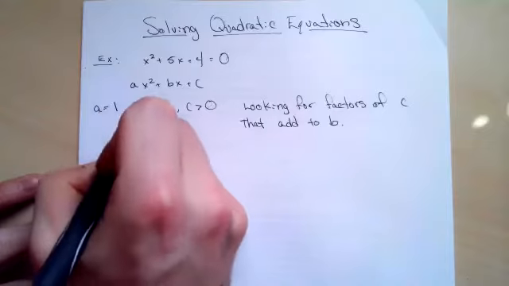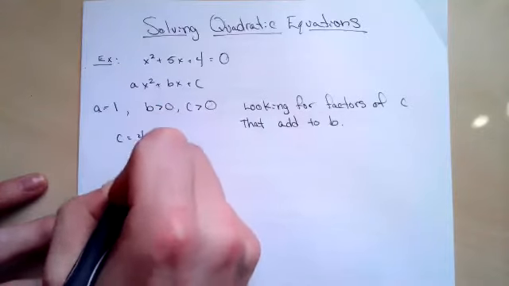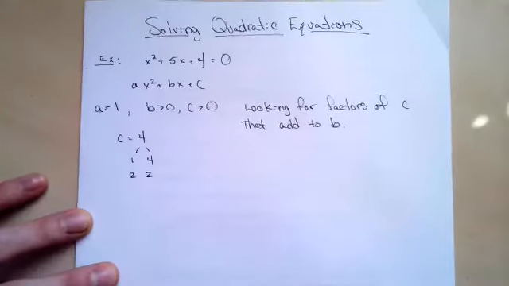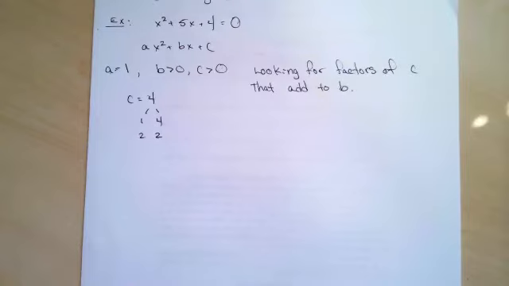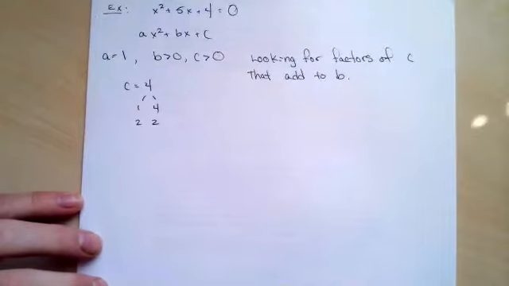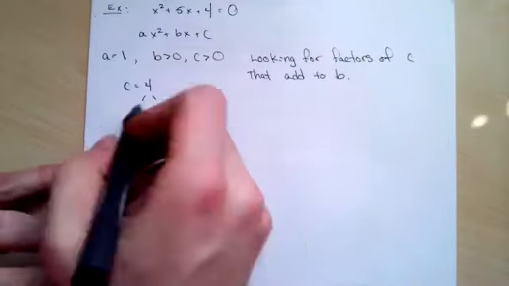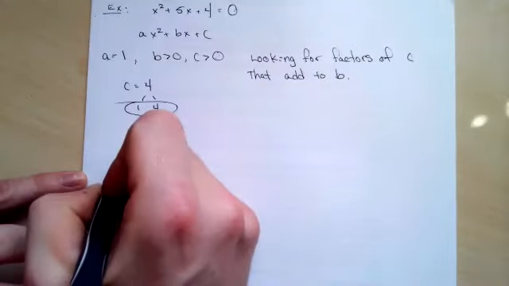So our c is equal to 4, and we factor that either 1 times 4 or 2 times 2, and we need to choose the factors that add together to get 5. In this case, of course, 1 and 4.